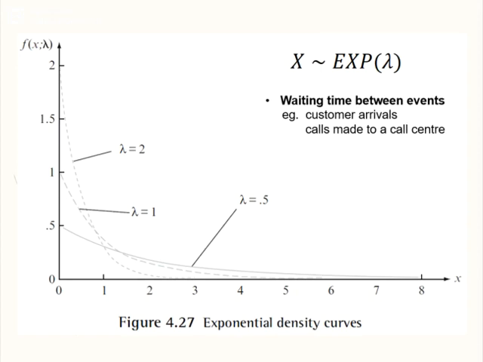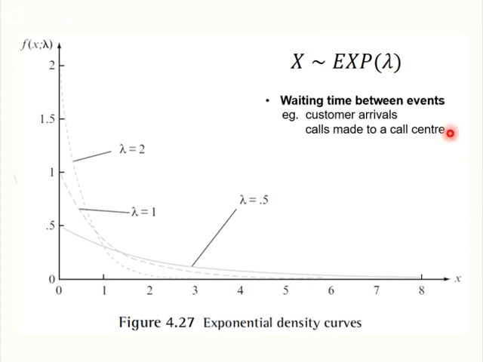So let's say you have a customer who arrives at your shop. The amount of time you have to wait until the next customer could be something between, let's say, 0 to 2 minutes typically, if I assume these are minutes. So most of the probability is lying between 0 to maybe up to 3. And then the amount of time until you see the next customer becomes less and less likely to be larger and larger values. So clearly this is quite a busy store.